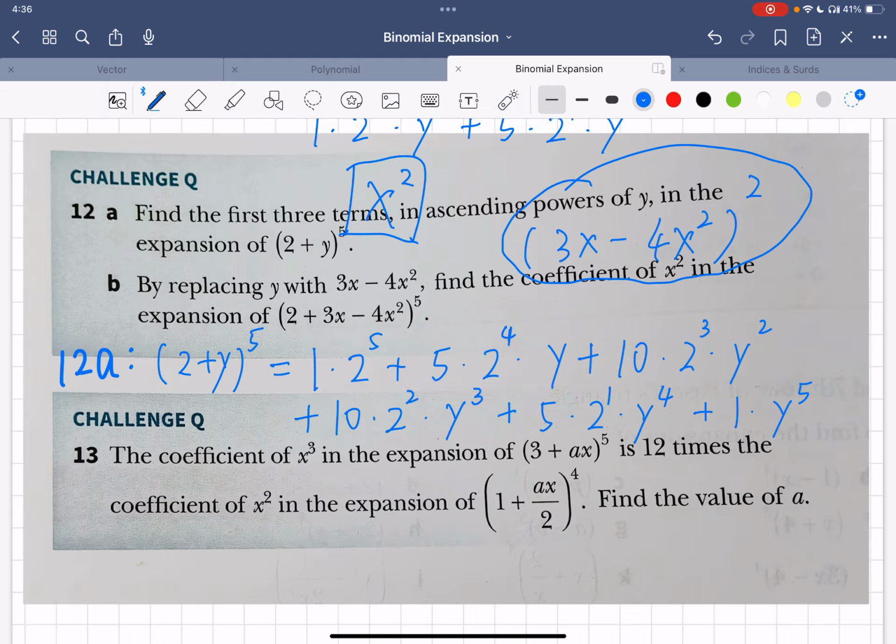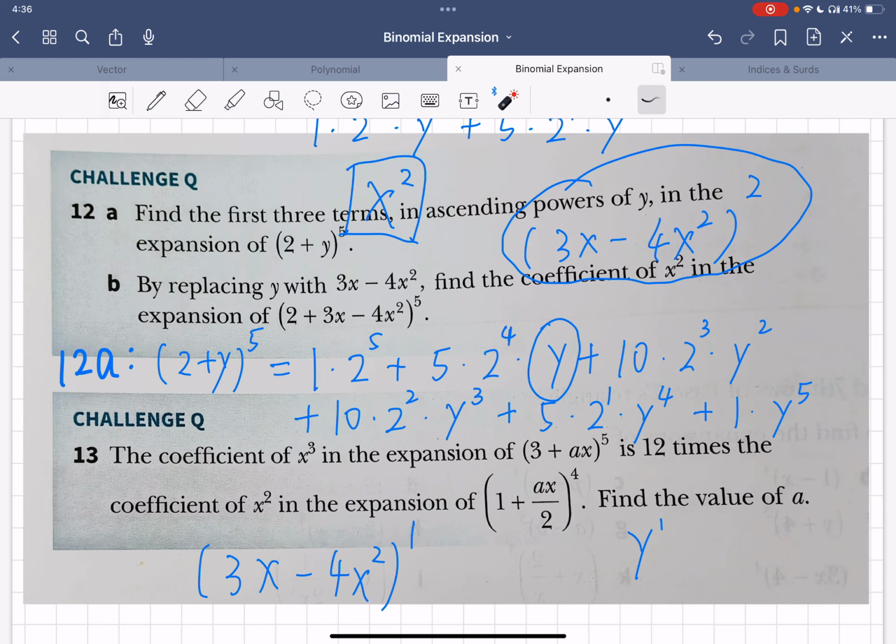Because even though the y's power equals 1, when you substitute this power into the brackets, it already has a power for x up to 2. That is what we are looking for as the question asks, right?